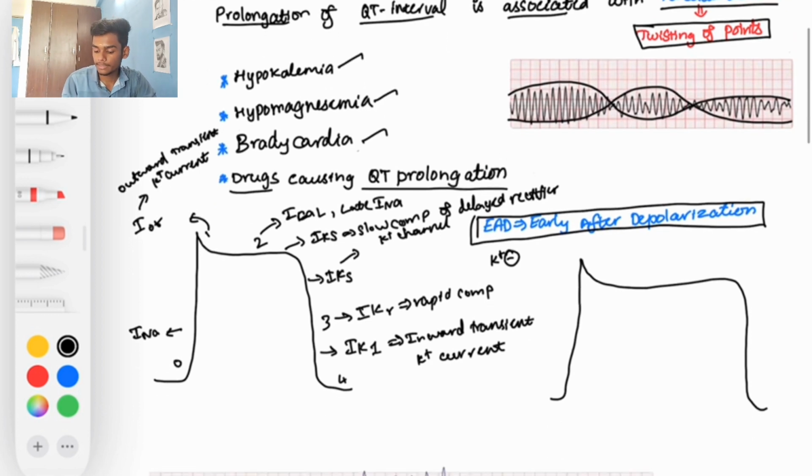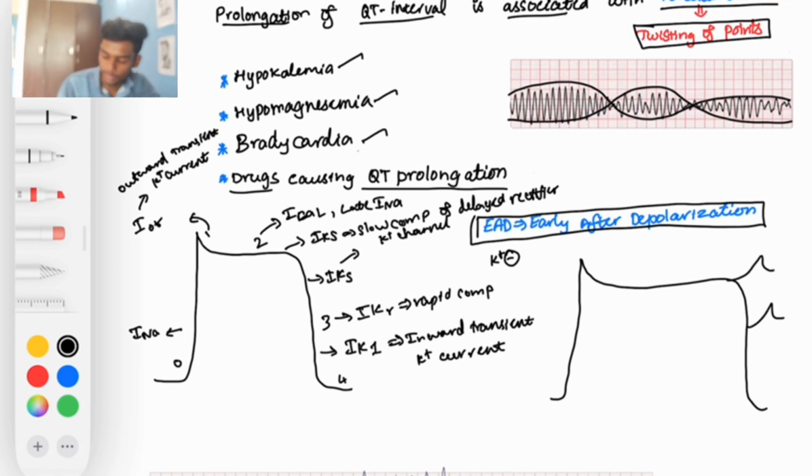So when there is potassium channel blockade, there is more accumulation of positive ions within the cells, and the membrane potential will be oscillating. When the oscillation of the membrane potential is sufficiently high, there will be a depolarization. It is known as early after depolarization. It will be seen in phase 2 and phase 3, when there is net inward current.